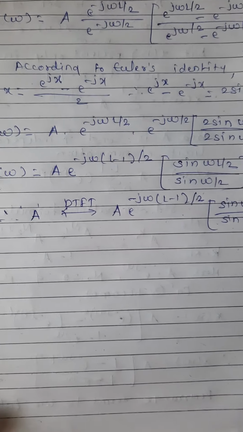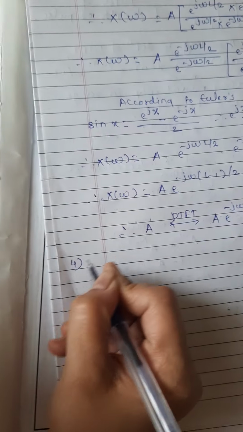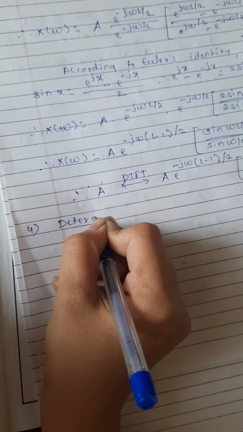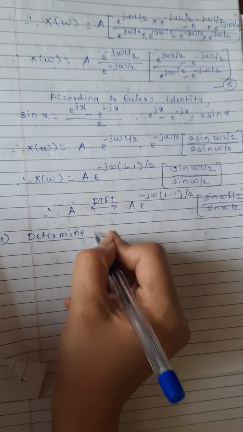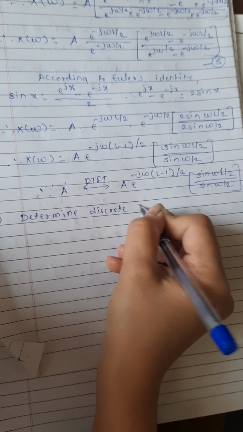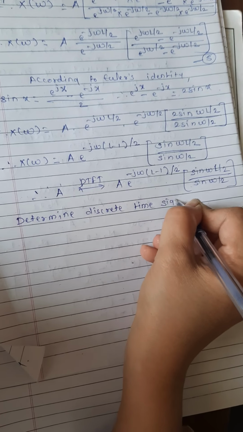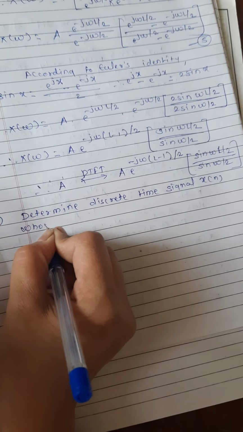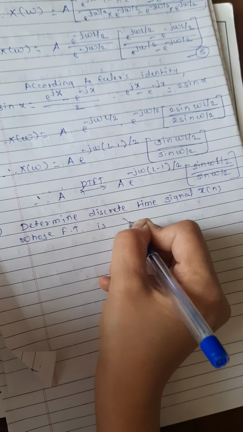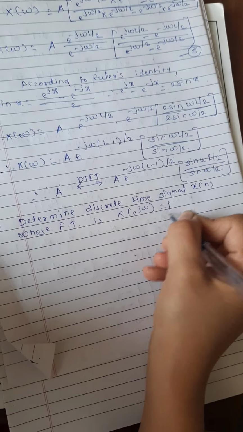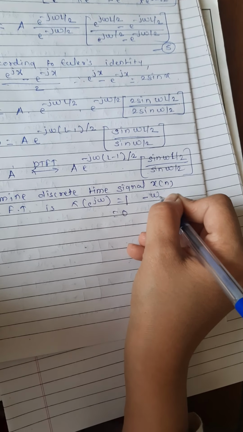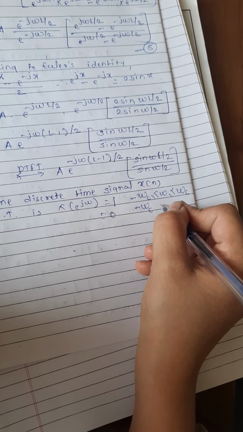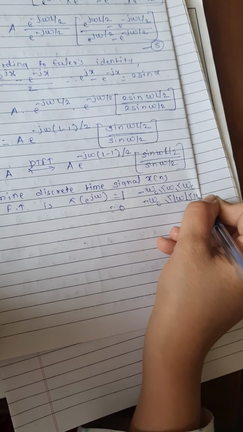Next problem: determine the discrete time signal x(n) whose Fourier transform is X of e raised to j omega, equal to 1 for the values minus omega c to omega c, and 0 for the values in between omega c and pi.